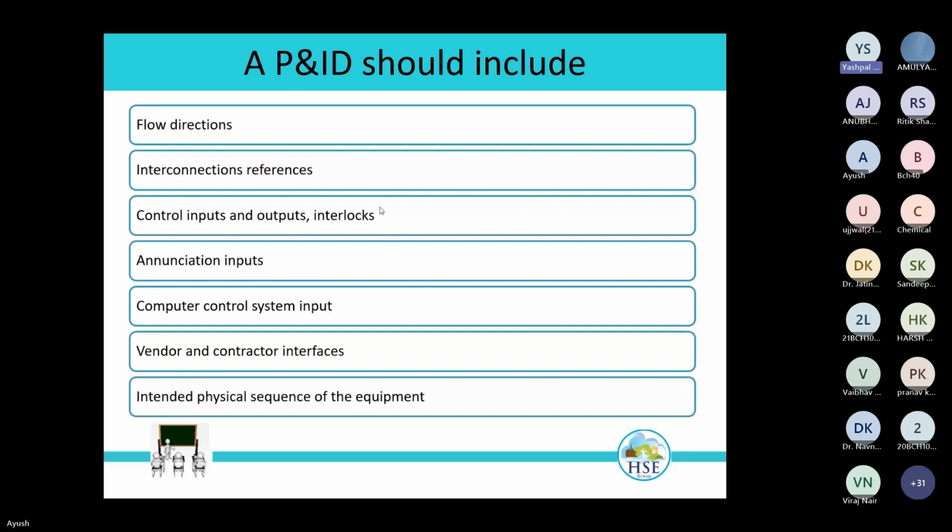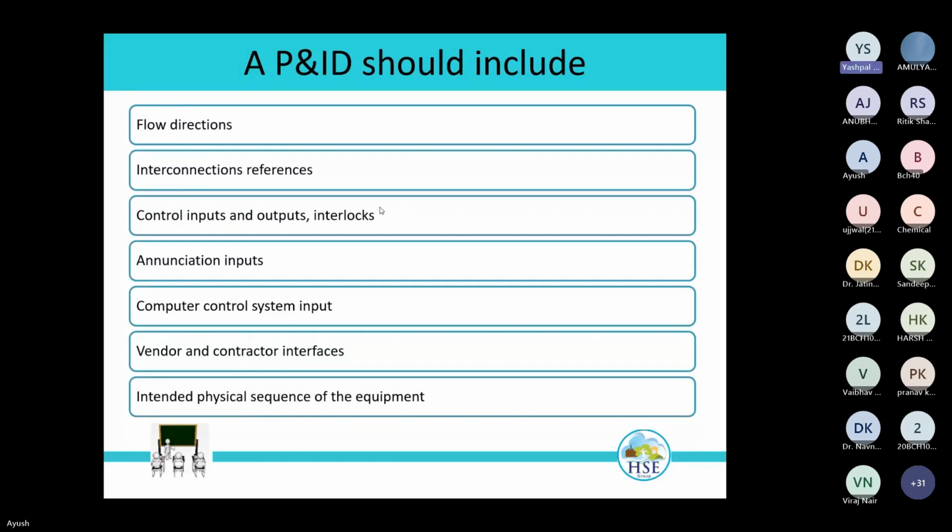Similarly, for all the electrical cable details or panel details, we use the line diagram, which is normally related to electrical function. In line diagrams we normally find the cabling information plus all other related information for the electrical system. So the line diagram differs from the piping and instrumentation diagram with respect to utility: the line diagram is for electrical systems, and the piping and instrumentation diagram is for chemical processes.